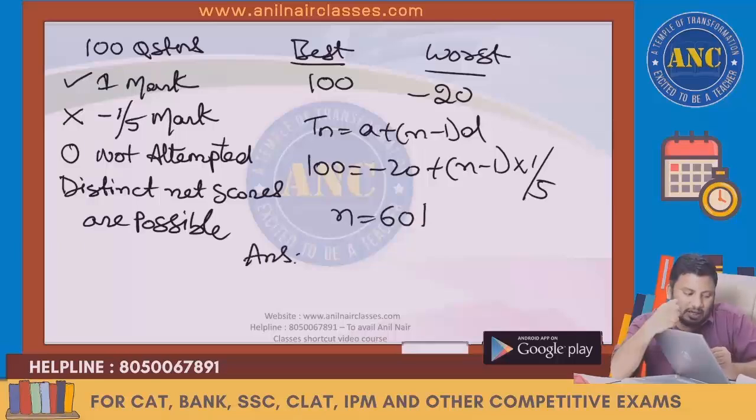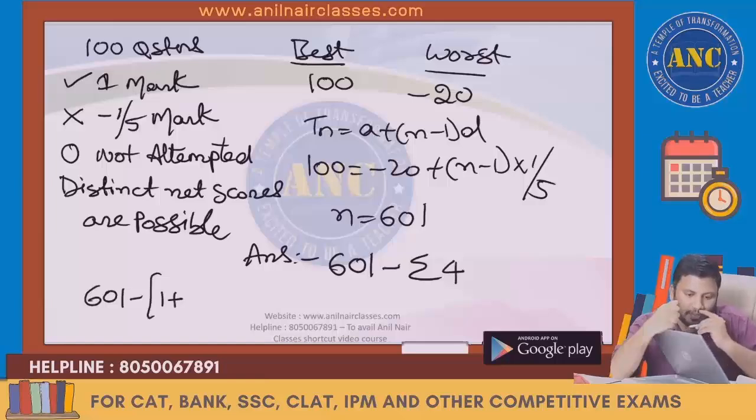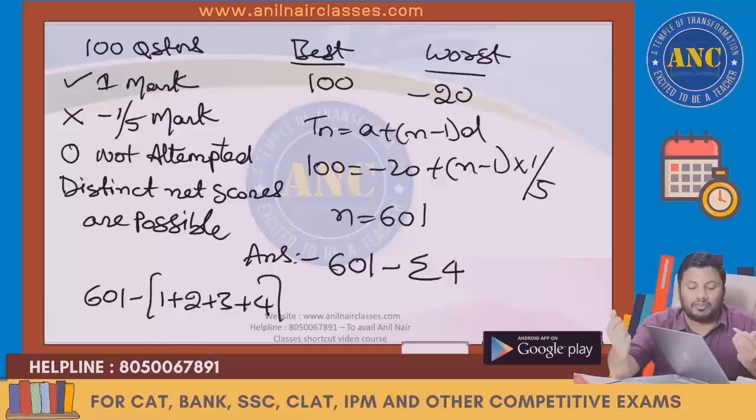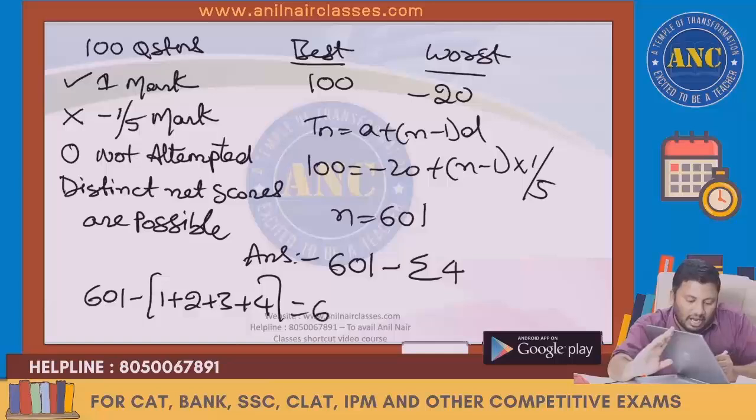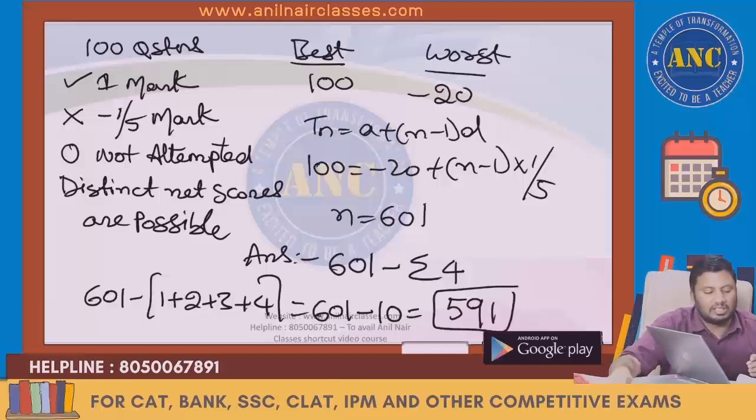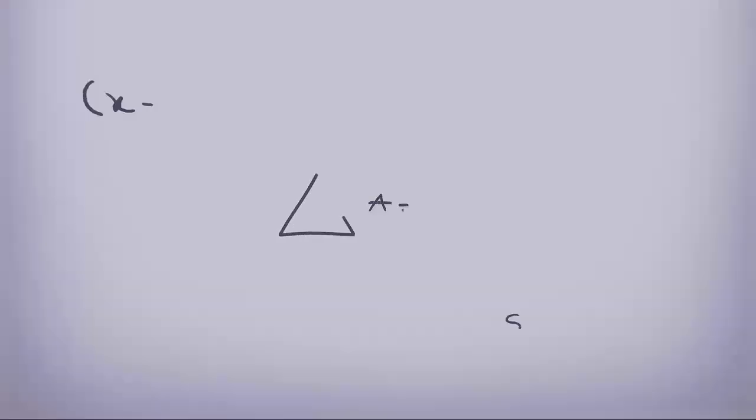So answer is 601 minus summation 4, 601 minus of 1 plus 2 plus 3 plus 4. Students who want to check whether 10 cases are eliminated or not, do it leisurely after the class. 601 minus 10. Answer is 591. I hope the idea is clear.